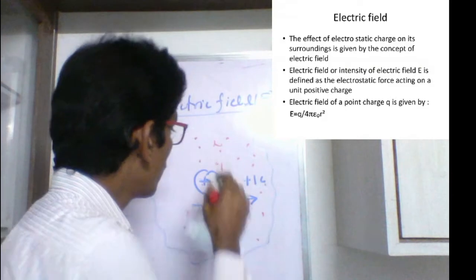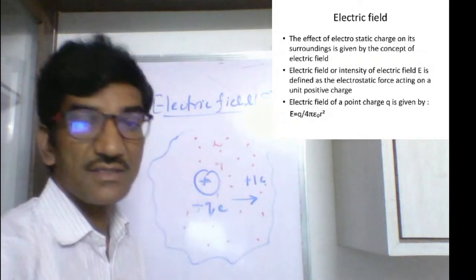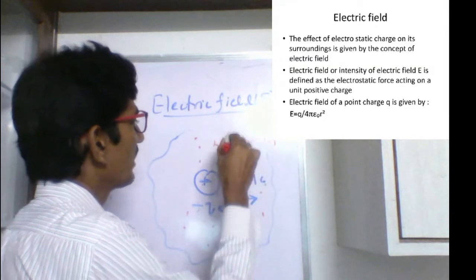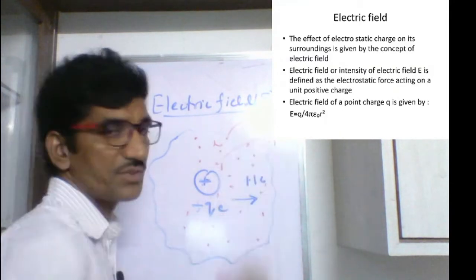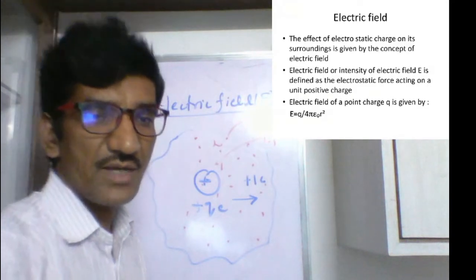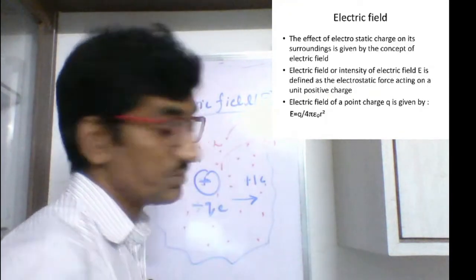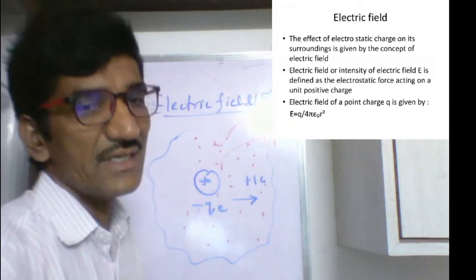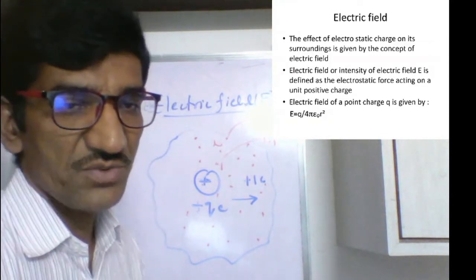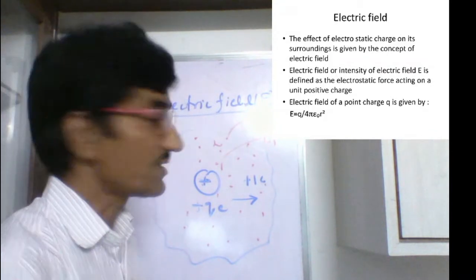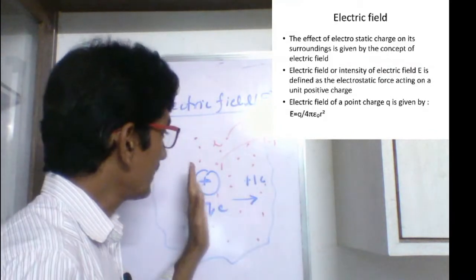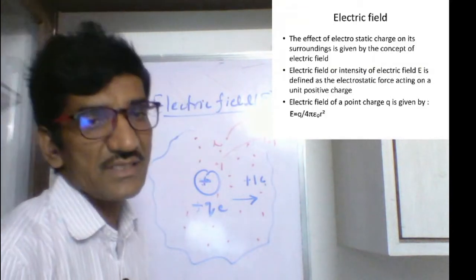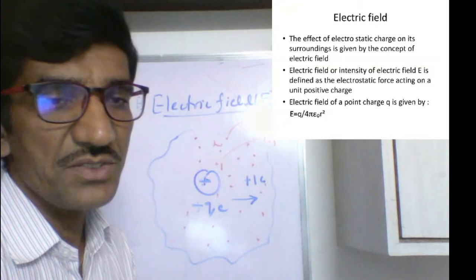Let us call the electric field at point 1 E1, and at point 2, E2. We also call E by another name, electric field intensity. Electric field is there at both point 1 and point 2, but its intensity is varying from point 1 to point 2.